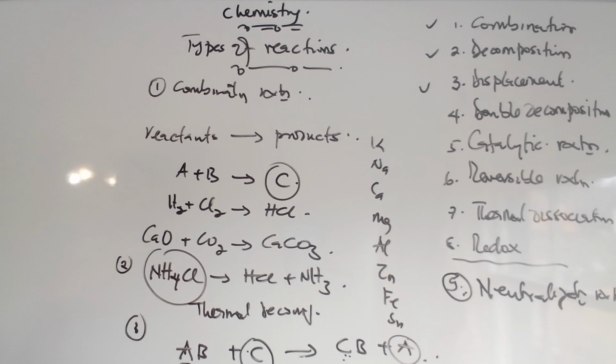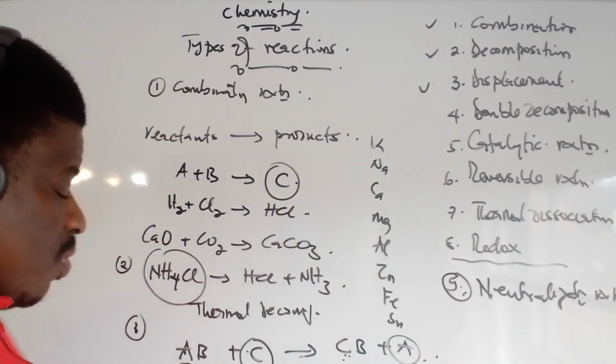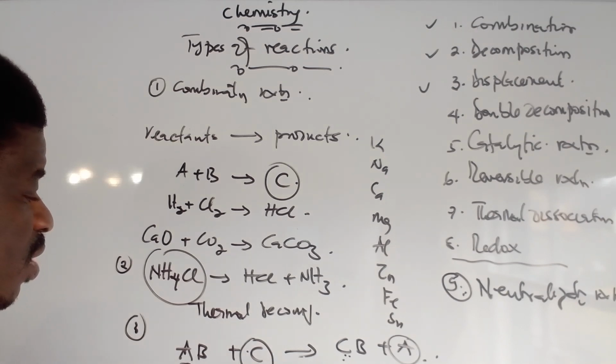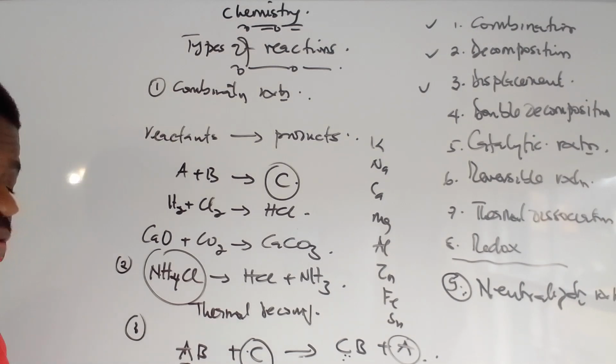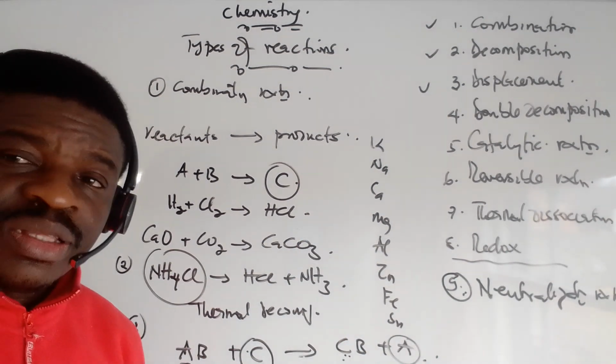For example, if you have magnesium chloride reacting with sodium, look at magnesium, look at sodium, look at the electrochemical series. Sodium is more electropositive than magnesium, so it is going to displace magnesium to give sodium chloride, and magnesium will be isolated. So this is an example of a displacement reaction.